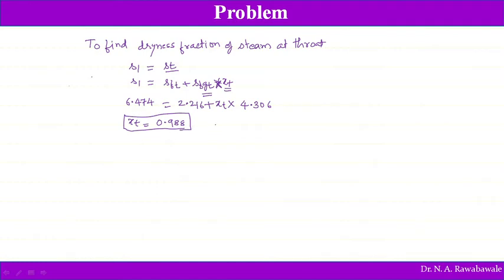If xt is greater than 1, that indicates steam is superheated. So here, as xt is less than 1, our assumption that steam is wet is correct.